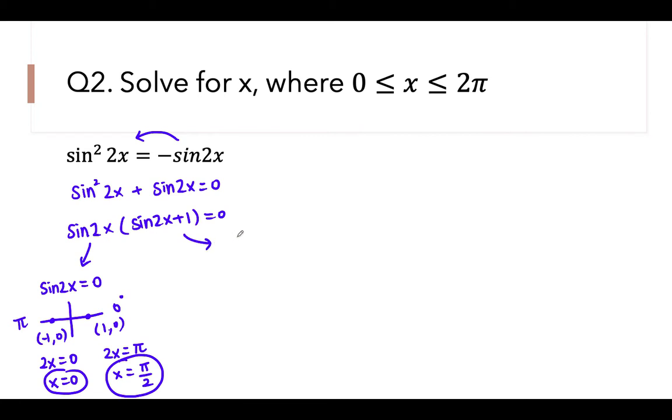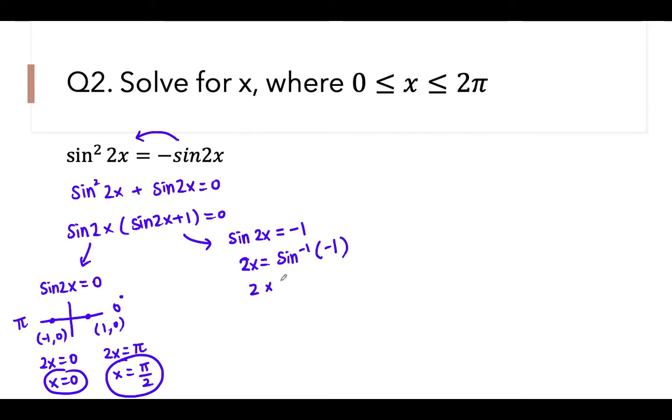Now what about this one? So we have to say sine 2x is equal to negative 1. I'm bringing it to the other side because this is equal to 0. And then we could say 2x is equal to sine inverse negative 1.